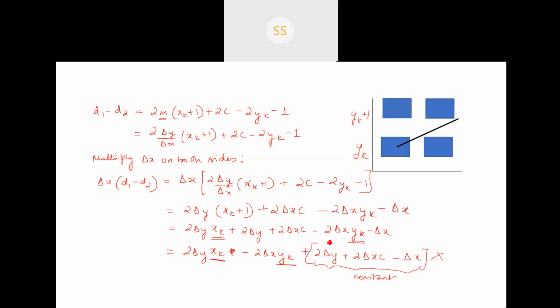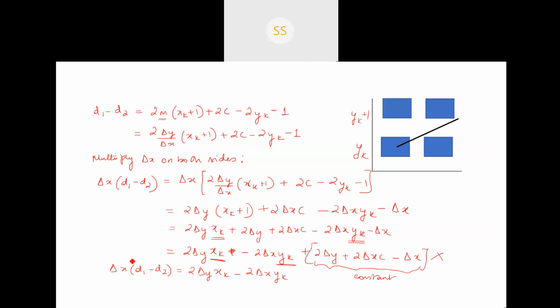I try to eliminate this part and keep my decision making value simple. That is, it is dependent on 2 times delta y on xk minus 2 times delta x into yk. So this is going to be my final equation on which my decision parameter is going to depend.